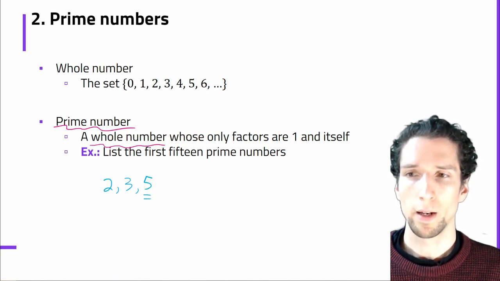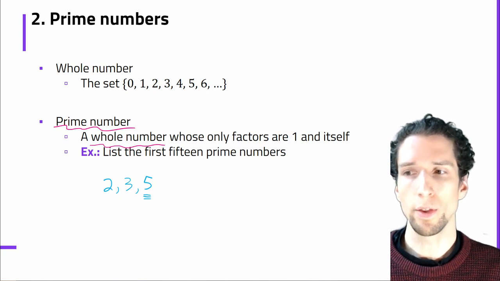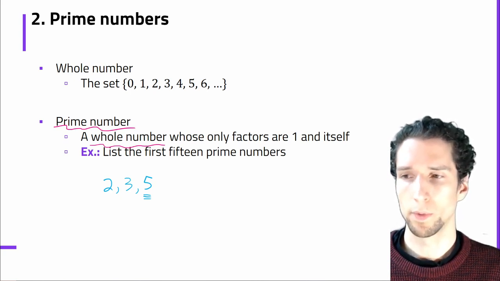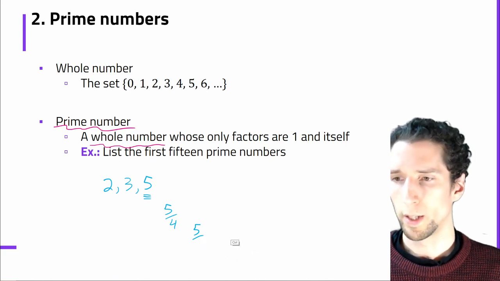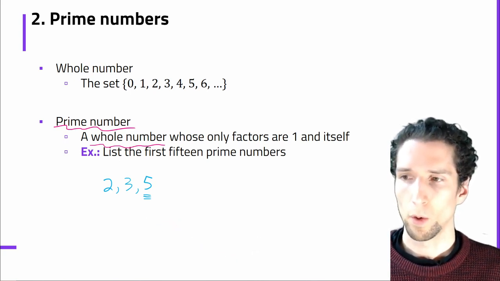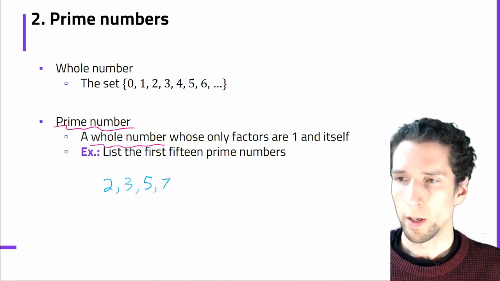So 5 cannot be cleanly or evenly divided by anything other than 1 and itself. So 5 over 4, that's a decimal. 5 over 3, that's a decimal. 5 over 2, that's a decimal, etc. Okay, so you know what these are.